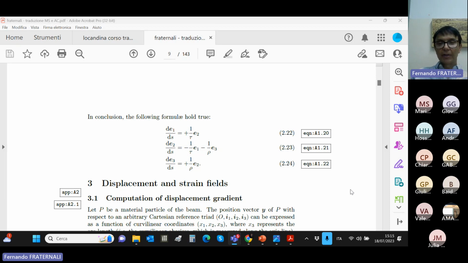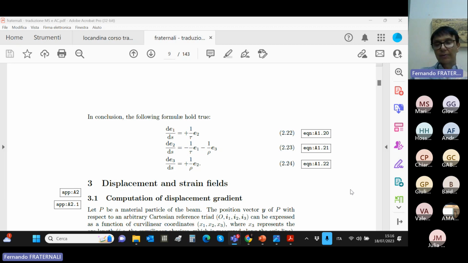If rho is equal to infinity, we have 1 over rho equal to 0, and we have the trivial case of a straight line. On the other hand, if the vector E1, the binormal, doesn't change with the arc length, we have a planar curve, and tau is infinite, which means that 1 over tau is 0.